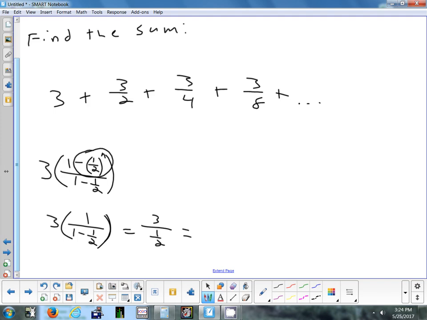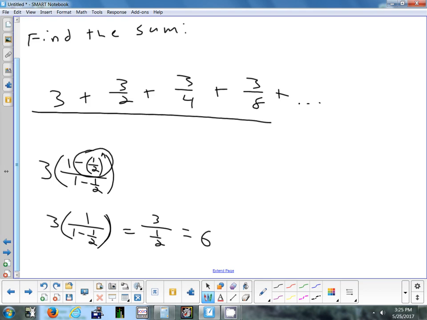And what do you get if you take 3 divided by 1/2? It's like multiplying by 2. Yep, 6. So if you were to add up every number in this list and the rest of them all the way to infinity, you would get 6.